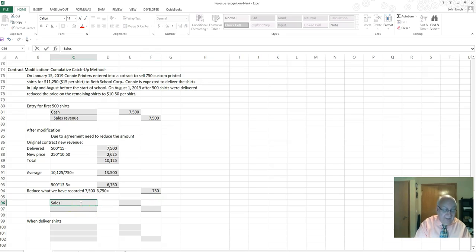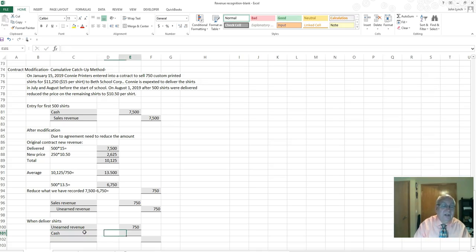So it's overstated, so we debit the sales revenue account for the 750, and we credit unearned revenue for 750. Don't give them the money back, just because they're going to buy more, so it's 750. When you deliver the shirts, unearned revenue will be debited for the 750.